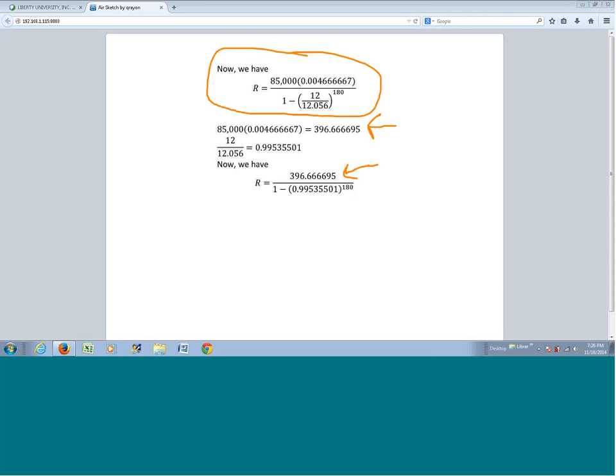So I'm going to take care of this right here. Gives me this, 0.99535501. So that goes in that spot right there. So I'm doing this little piece by piece, writing down all the decimals, rewriting the whole formula as I go so that I can make sure I don't lose track of anything.